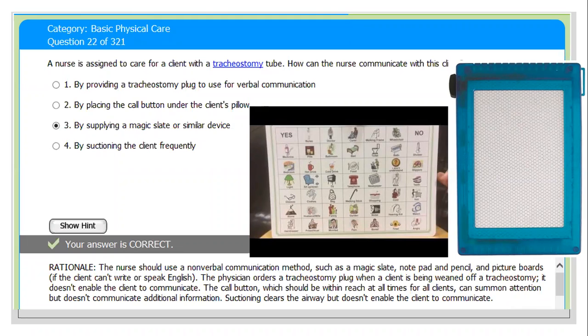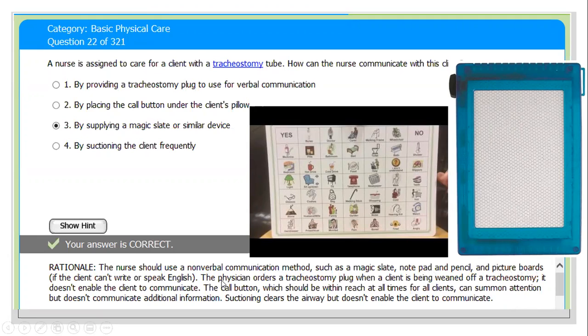The patient can use a bell, or some kind of signal or magic slate, right? Like this. The rationale says the nurse should use a non-verbal communication method such as a magic slate, notepad and pencil, or picture board.